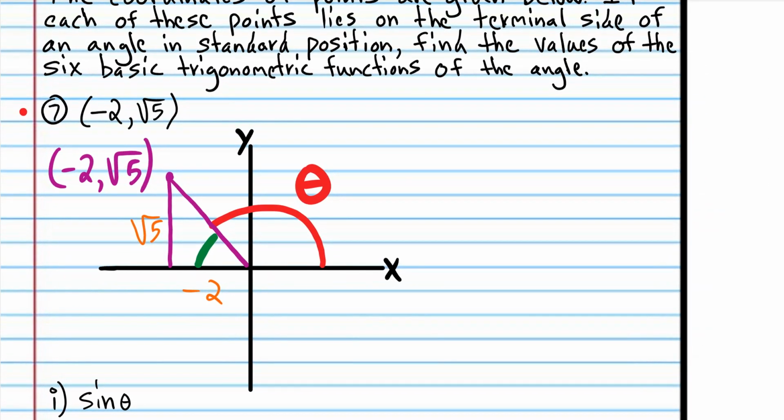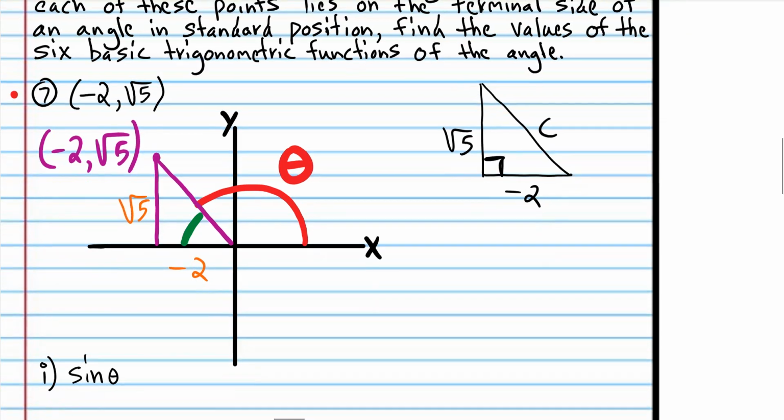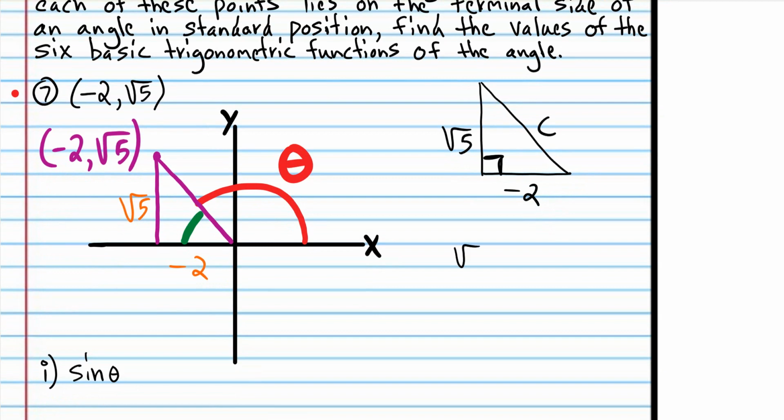So now we need to find the hypotenuse. So we're going to draw a triangle, and this side is -2, this side is √5. We need to find the hypotenuse so that we can find all the trigonometric values.